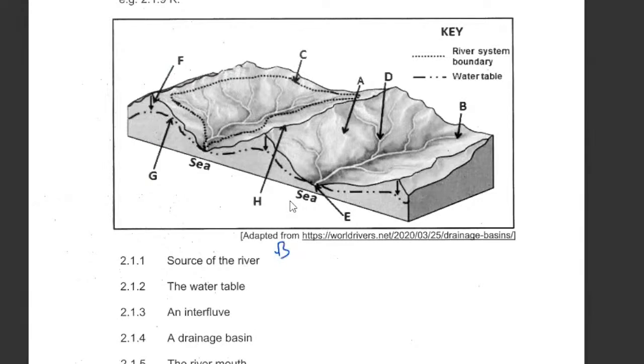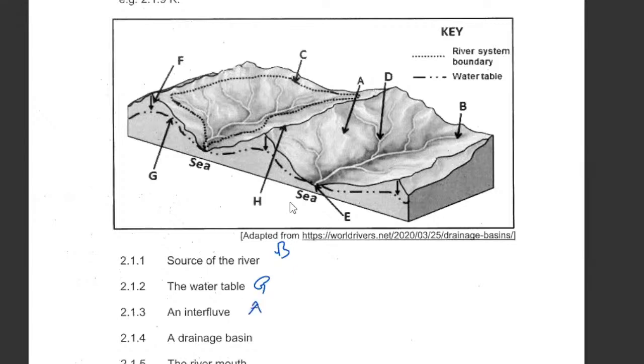So here, B. Okay. When you look at the water table, we would say the water table is an interflow high-line area between two drainage tributaries in the same drainage basin.